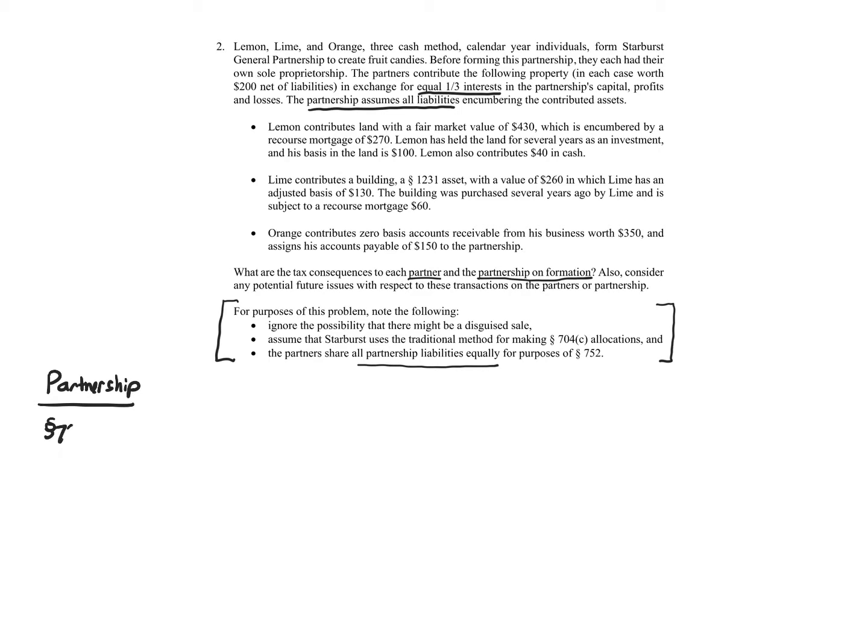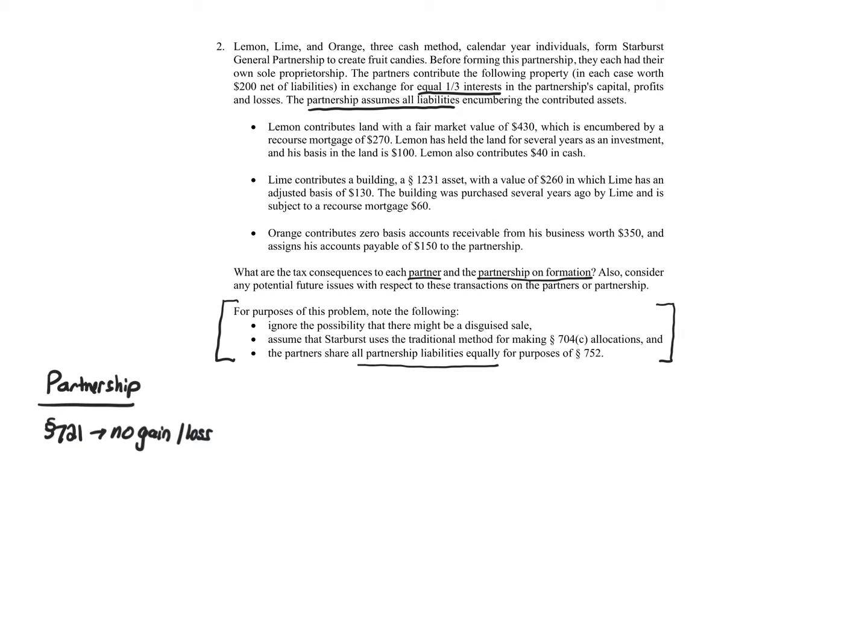Under section 721, no gain or loss. And the reason why is because each partner is giving up property and in exchange getting a partnership interest. Now, just because you have a liability on the property does not stop that rule from occurring for the partnership or the partners.